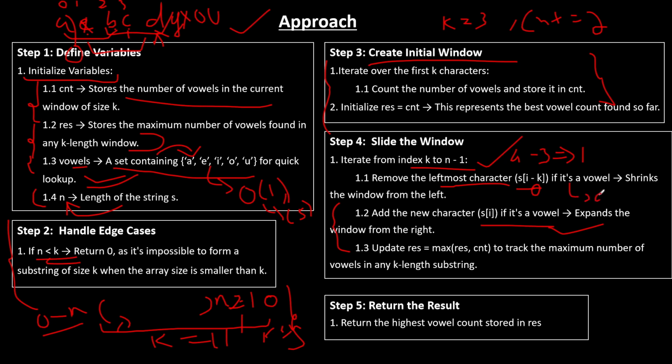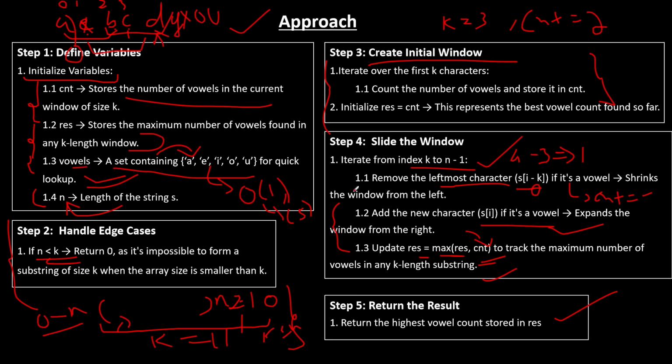But if it is a vowel, we have to decrement the count because it has been removed from our window. Fine, and we update the result variable by taking the maximum of the current window's count and the previous result. After all the iteration and sliding, at the end we return the result variable, which contains the maximum count.